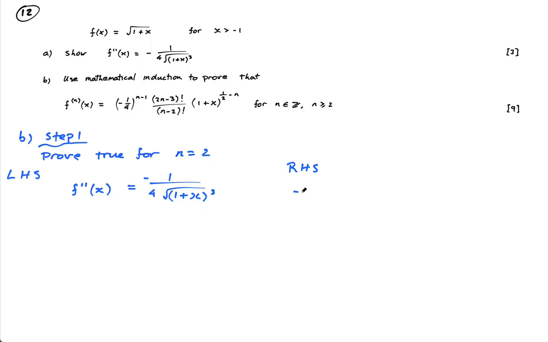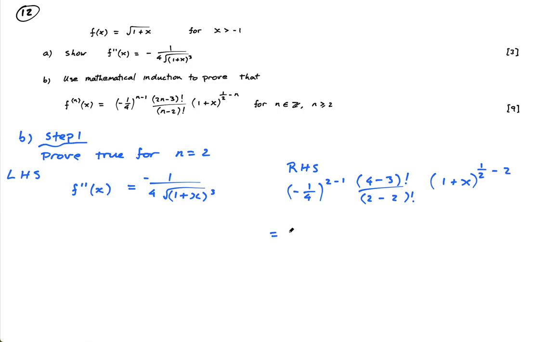That would be minus a quarter to the power of 2 minus 1, times 4 minus 3 factorial, because I'm subbing in 2 in here, over 2 minus 2 factorial, subbing in 2 in there, times 1 plus x to the half minus 2.